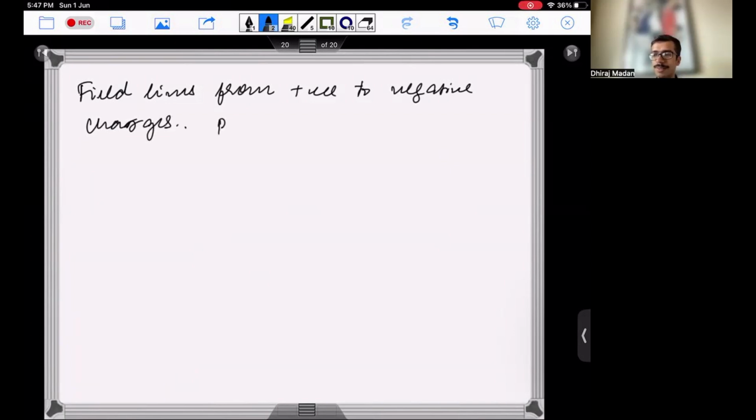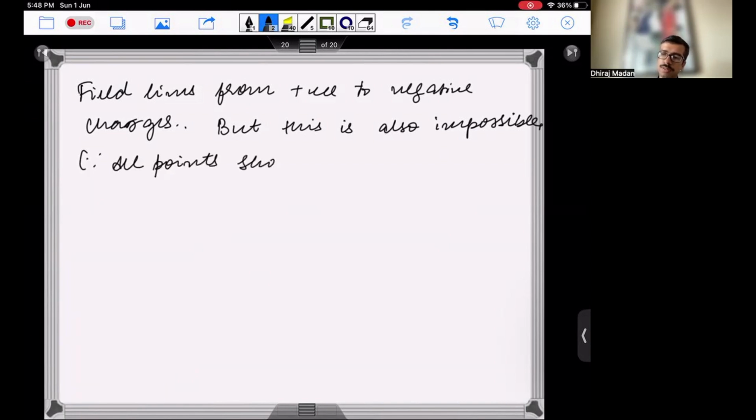But it's also impossible, right? Why? Because all points should have been at the same potential, which is not true here.